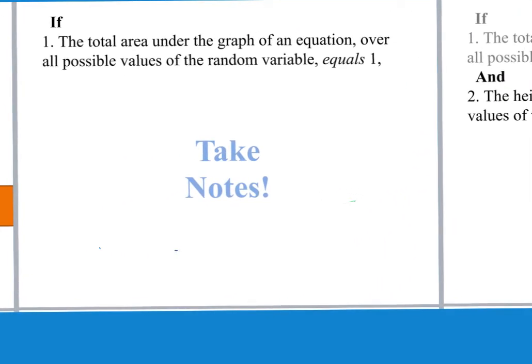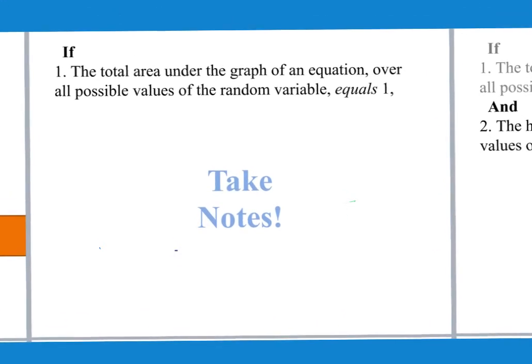And there's a reminder to take notes, because taking notes is always good. You can reorganize my babbling into a coherent format for yourself. If the total area under the graph of an equation over all the possible values of the random variable equals 1, and that was our situation really, we had a 12-minute time span.